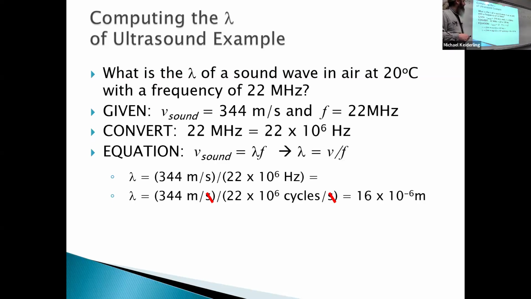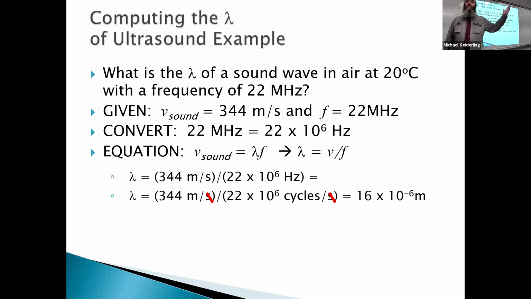The velocity of sound equals the wavelength times the frequency. So the wavelength is velocity divided by frequency. So 344 meters per second divided by 22 times 10 to the 6 hertz gives us 16 times 10 to the minus 6 meters, or 16 micrometers.